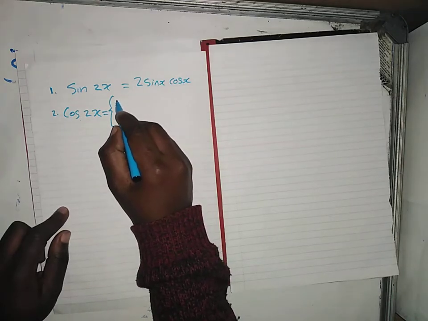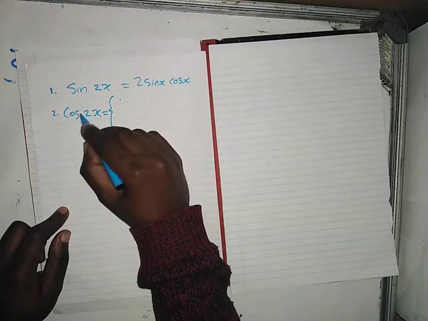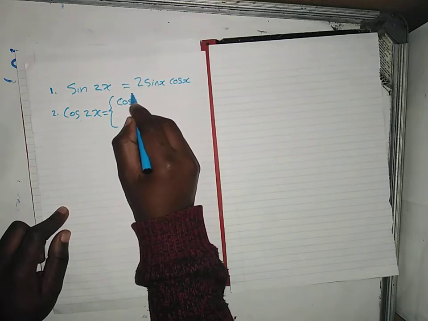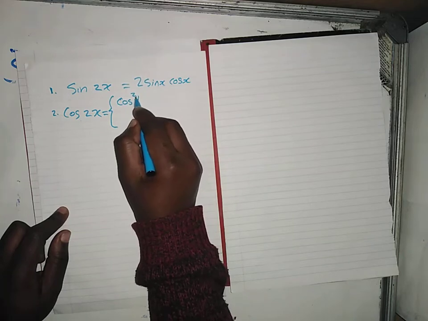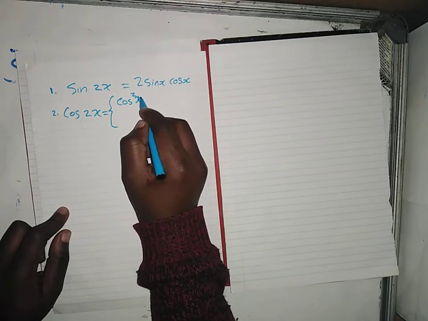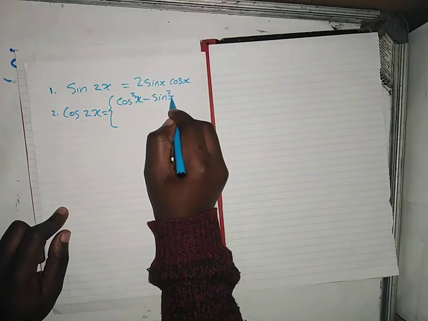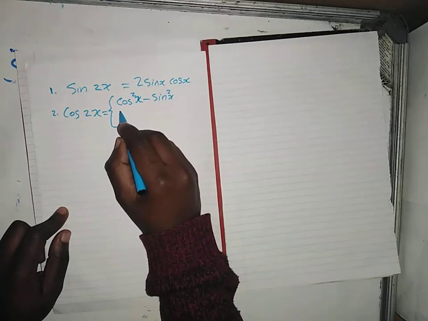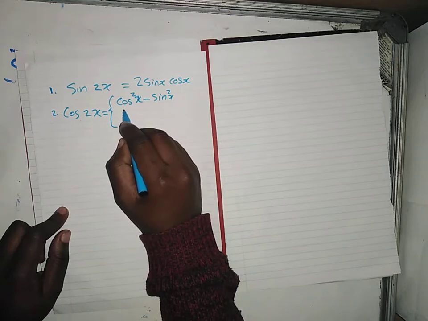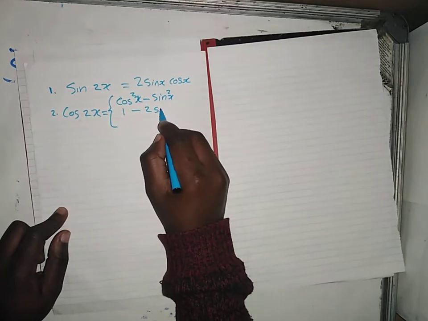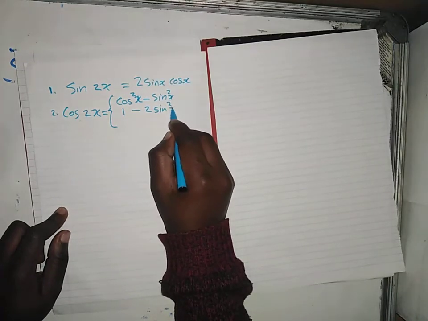So the first one says that cos 2x is equal to cos squared x minus sine squared x. The second one says that cos 2x is equal to 1 minus 2 sine squared x.